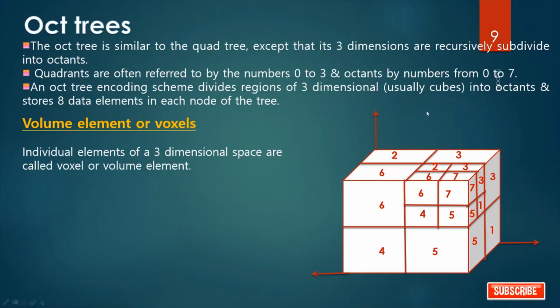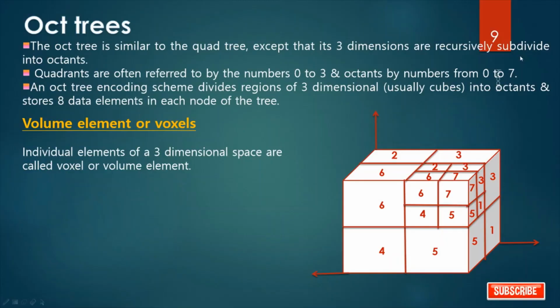In case of octants, it is 0 to 7. So an octree encoding scheme divides a region of 3-dimensional space, usually cubes, into octants and stores 8 data elements in each node of the tree. Quadtree stores how many data elements? It is 4 data elements. But in case of octree, it stores 8 data elements.